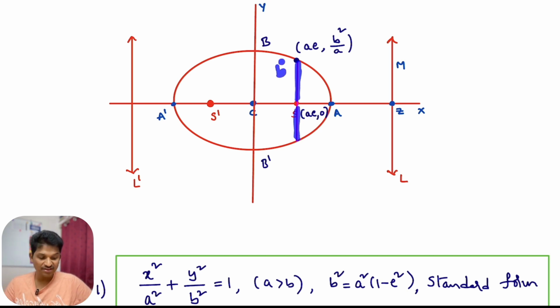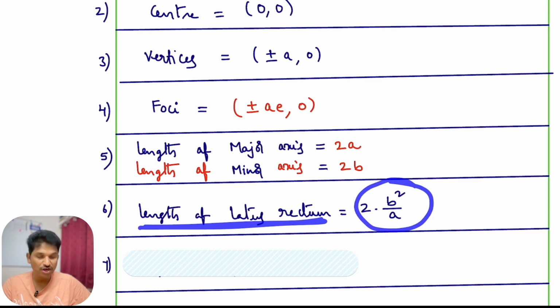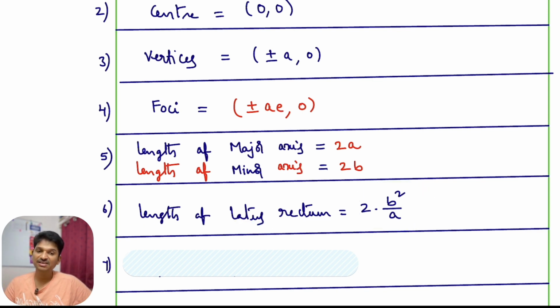So if this is b square by a, this is also b square by a. b square by a plus b square by a is 2 times b square by a. So the length of latus rectum is 2 times b square by a.